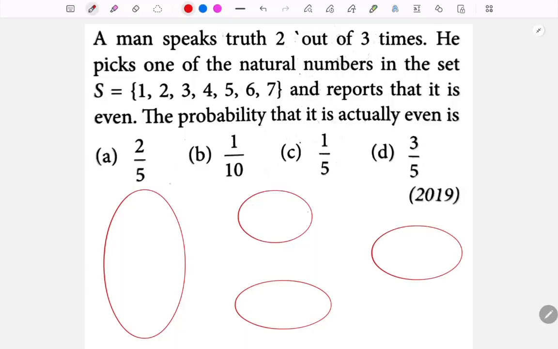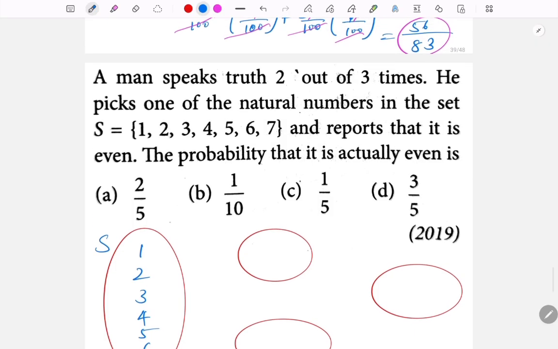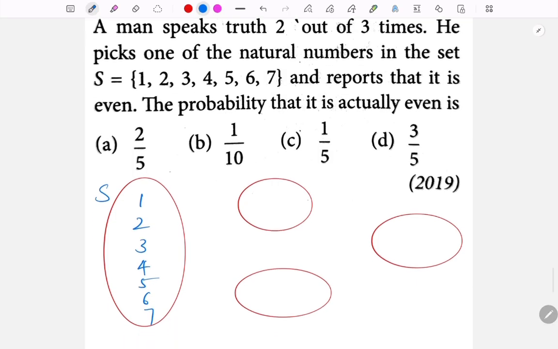Now it is a very clear-cut idea. Now what are the sets in this one? They gave elements 1 2 3 4 5 6 7. What is this name? Set S. And this one they report is even. What they report here? Even they reported.